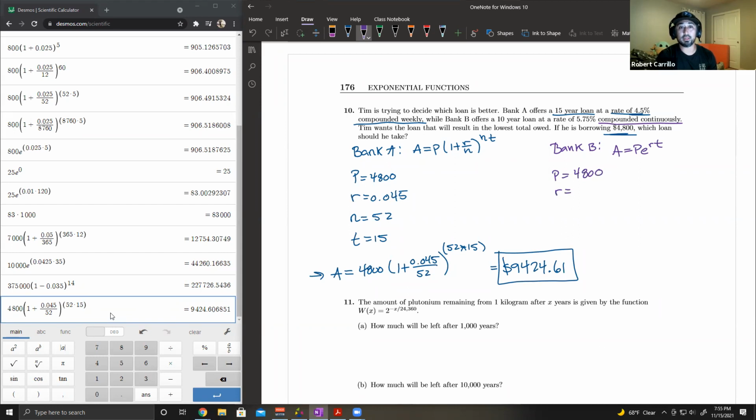But Bank B will give us a rate of 5.75%, so 0.0575. And Bank B will give us a 10-year loan. All right, let's see. A equals 4,800 times E raised to the 0.0575 times 10.